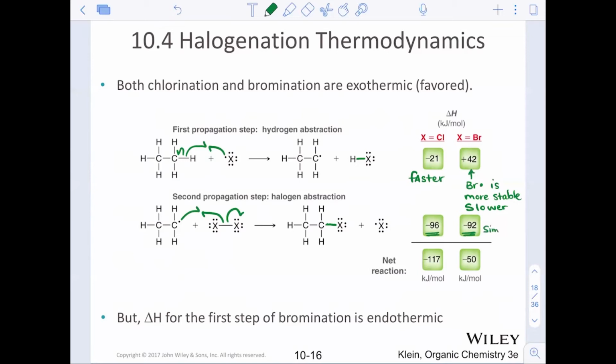Look at these numbers, very, very similar. So when we're looking at the rate determining step, it must be that first propagation step. There's our rate determining step, hydrogen abstraction. This is the one that we want to focus on when understanding the difference between chlorination and bromination in this radical chapter.